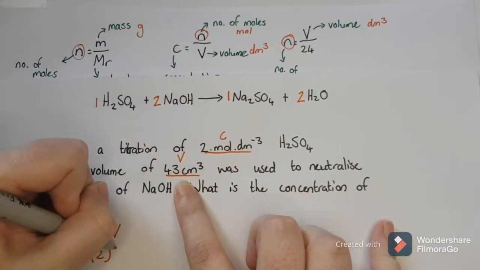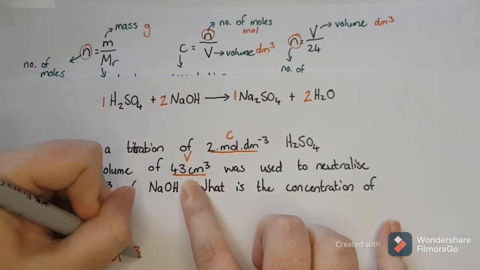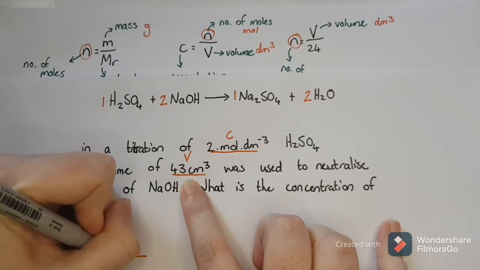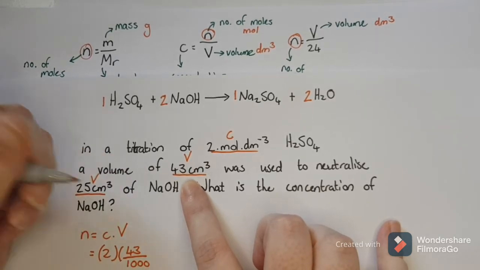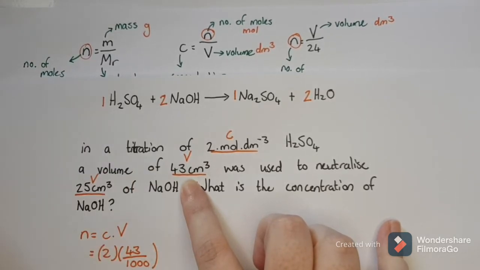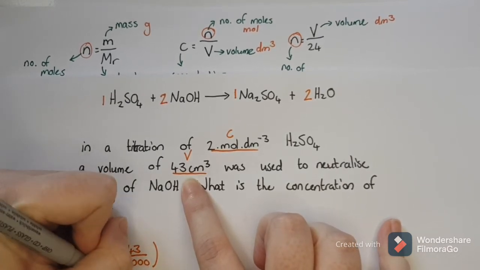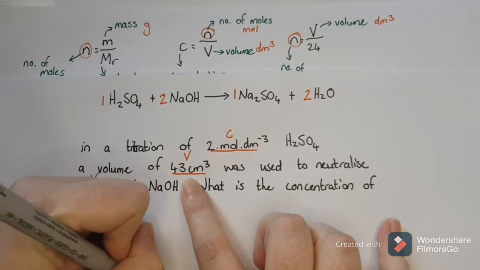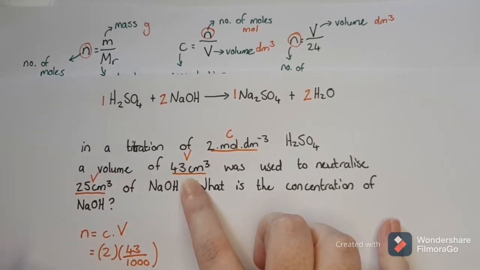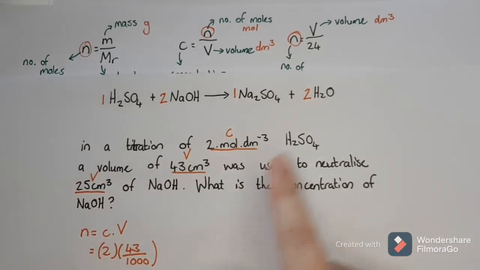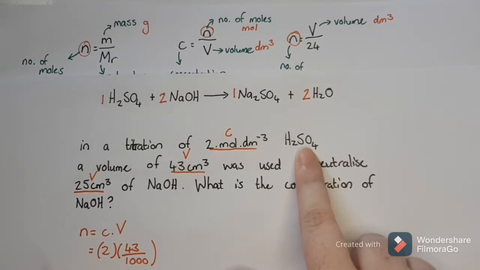So I'm going to take that volume of 43 and divide it by 1,000 to get to decimeters. And when you type that into a calculator, you'll get an answer of 0.086 moles.